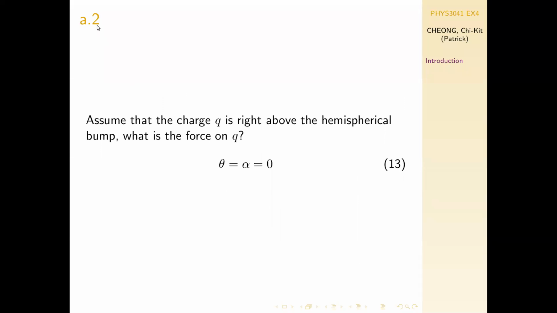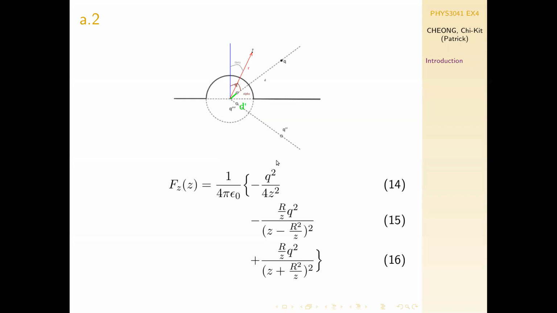So the next question is: assume that the charge Q is right above the hemispherical bump. What is the force on Q? In my defined coordinate, if the charge is right above the hemispherical bump, then this is equivalent to theta equals alpha equals 0.